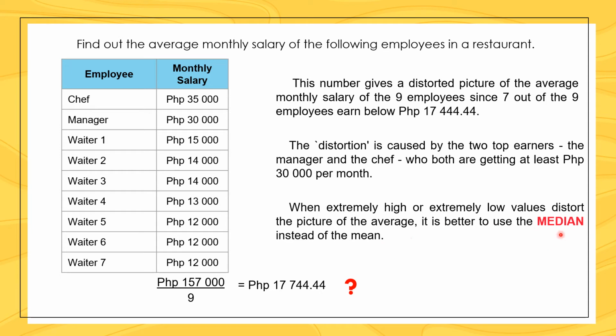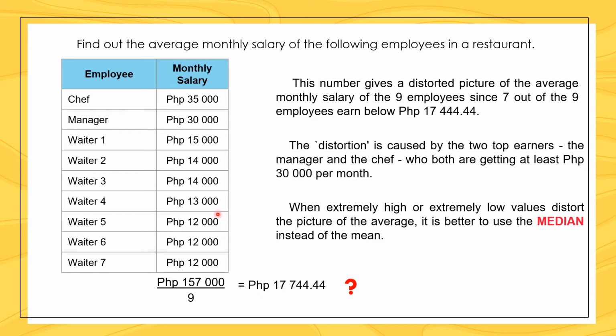We have the median. Again, we use it when we have extremely high or extremely low values in our data set. In this case, as you can see, there's a high range between 12,000 and 35,000. Therefore, the average that we'll find here using the mean will be a distorted number, right?